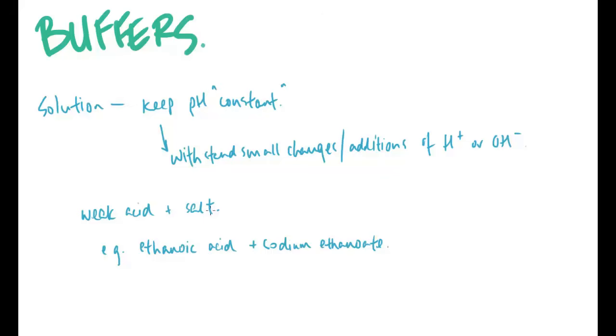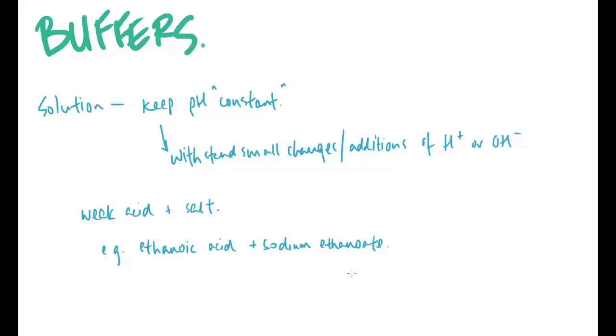It's key that it's the acid and the salt that the acid would make, because when we start looking at the theory behind buffers, that's very important as it allows the pH to be kept constant. If we had sodium methanoate, the whole thing wouldn't work quite so well. It needs to be the acid and its salt, but that could be propanoic acid and sodium propanoate, or methanoic acid and sodium methanoate. It doesn't matter. It's just got to be the acid and its constituent salt, the salt that it can form.